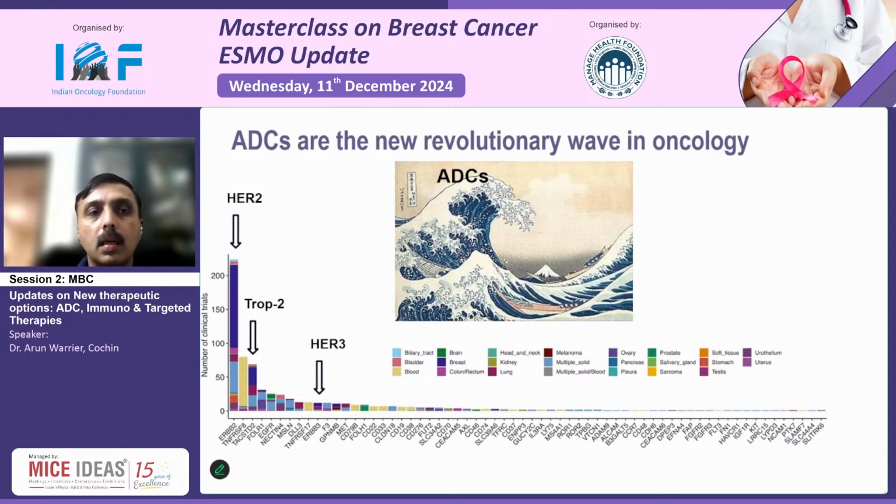As you see here, HER2 is the most common, and the number of clinical trials is high, around 200. Maybe half of them are in breast cancers. TROP2 also has a lot of breast cancer trials, and HER3 also has some. For all the others, there are few trials, spread across multiple solid tumors and hematological malignancies. So a lot of activity is going on around ADCs.